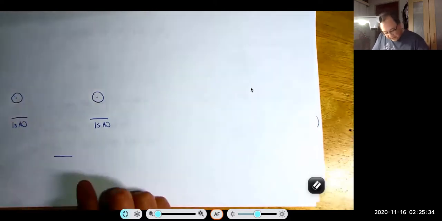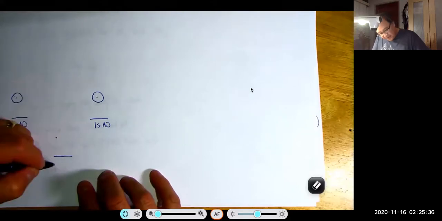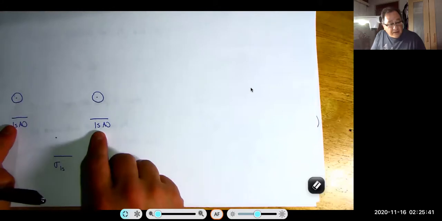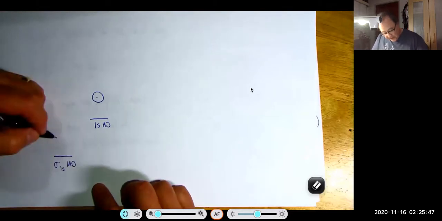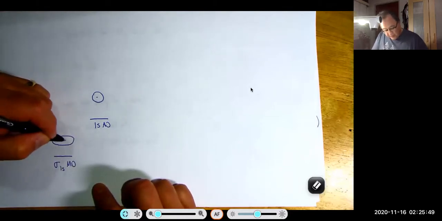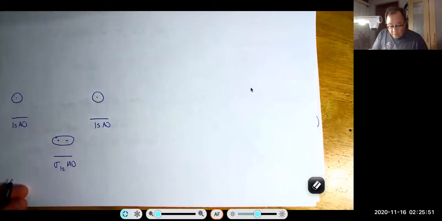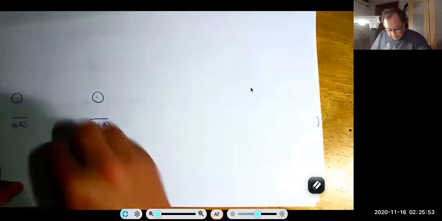And here is the sigma 1s, and the reason it's called a 1s is because we're making it from two 1s atomic orbitals, and this is a molecular orbital, and it looks like this. Now remember, that is one orbital. There's no overlap there. That's just an orbital.